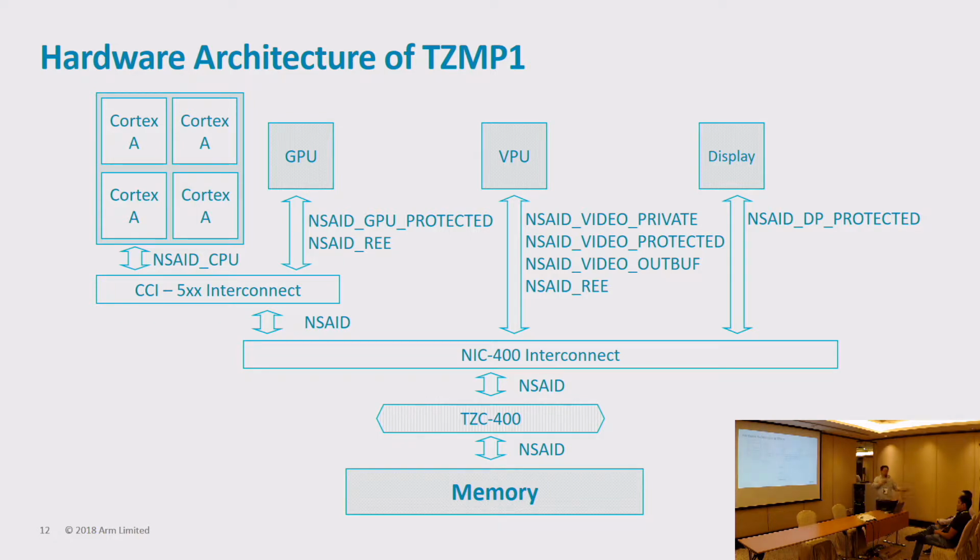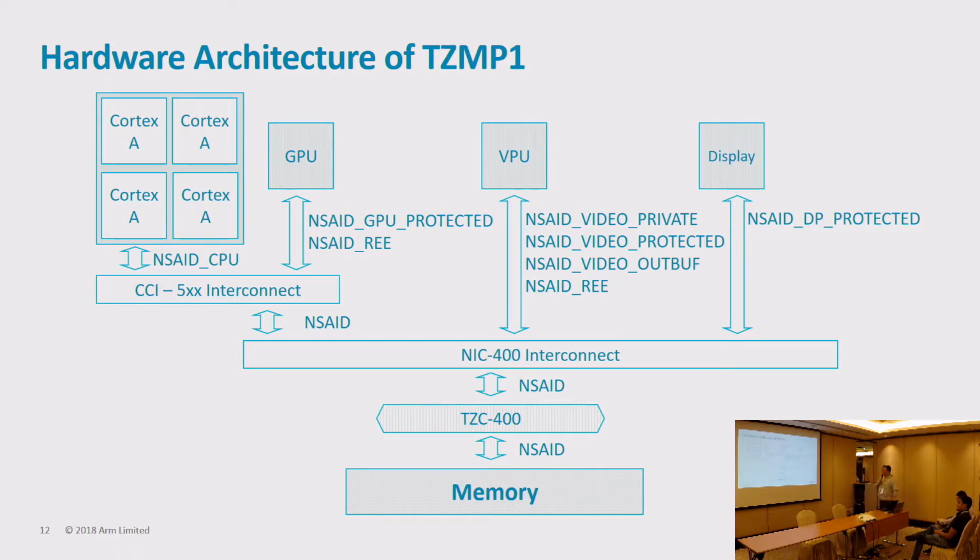And when it outputs the decoded result into some protected surface or protected memory, it will use the output buffer NSID. For generic accessing, for example, decoding a generic video in a gallery, or just a clear bit stream, it just uses the IE NSID.